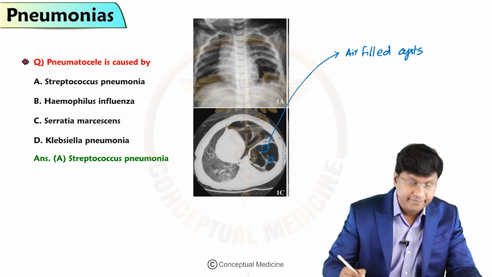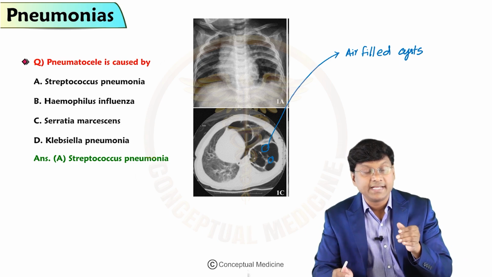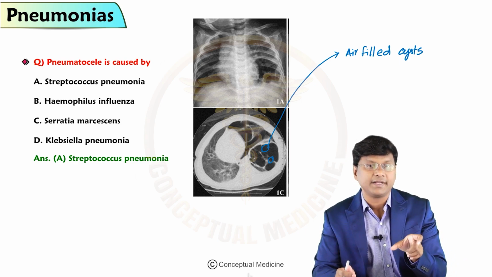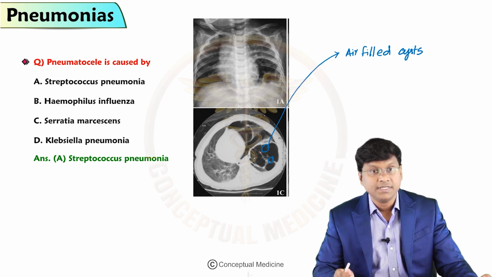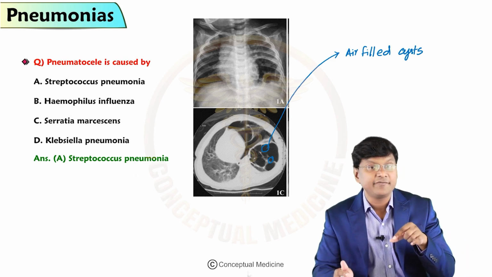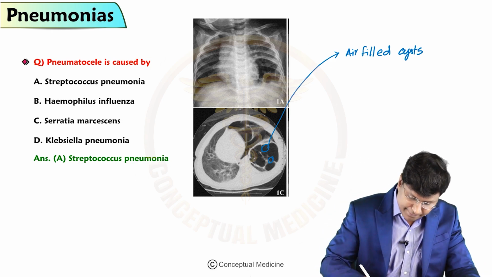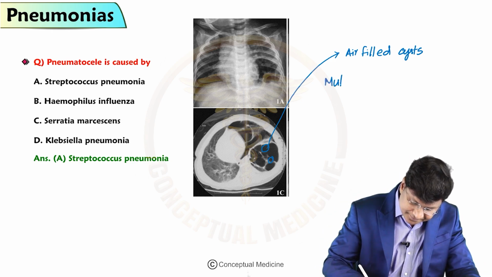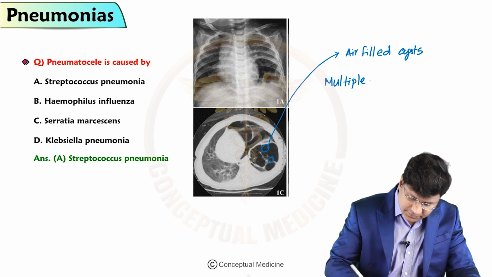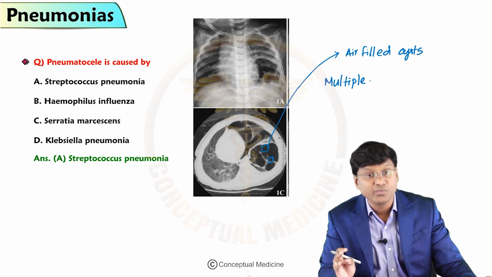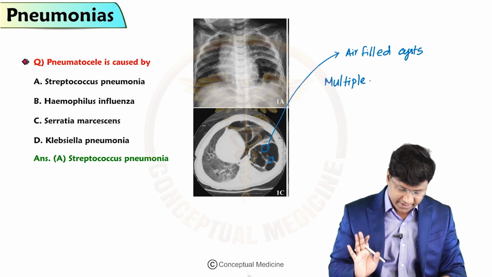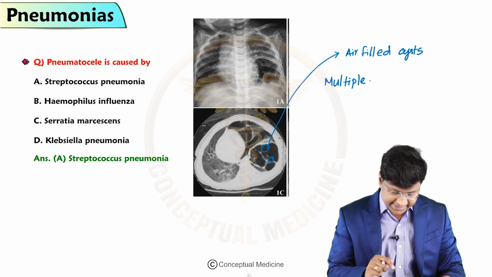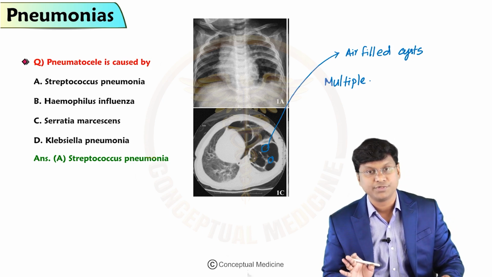Thin-walled, air-filled cysts, and they develop within the lung parenchyma. These air-filled cysts are multiple in number. They are multiple thin-walled air-filled cyst-like cavities. That will be your pneumatocele, and that is caused by Streptococcus pneumoniae.